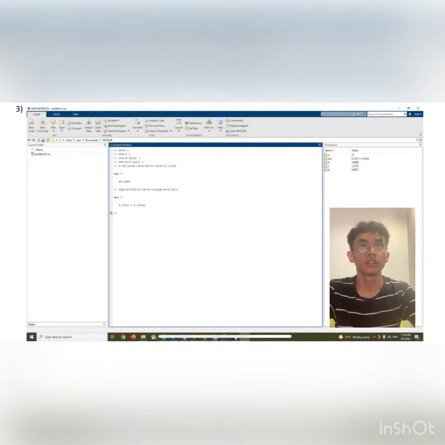Next question. Question 2: the information given is A is equal to 13, B is equal to 4.5, C is equal to 3.5 multiplied by (B divided by A). D is equal to A multiplied by B and multiplied by C divided by (A plus C).